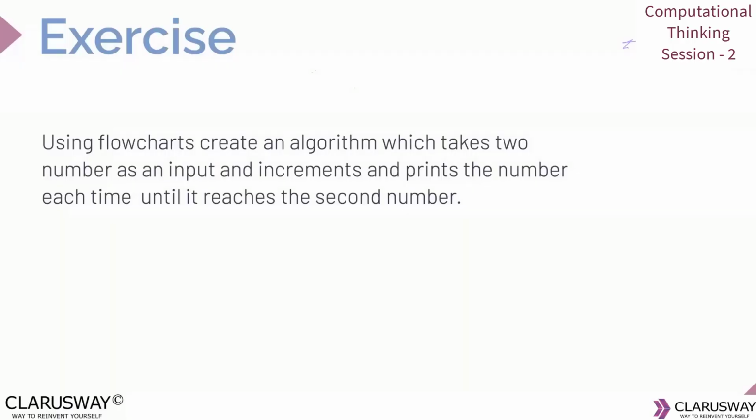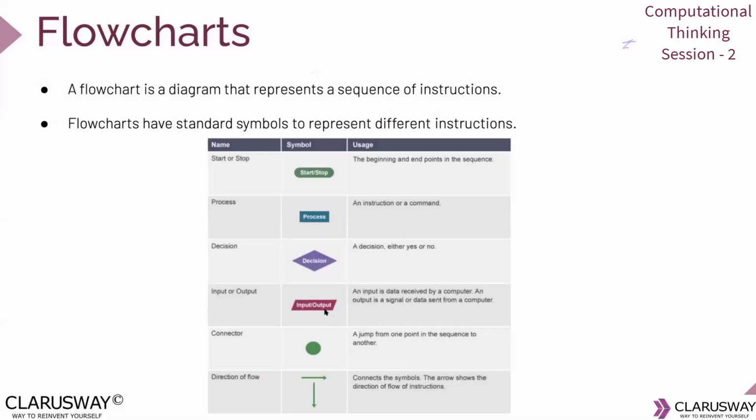Okay, let's now draw it. And each time we will also give an output. That's also important. After processing it, after incrementing it, just give an output of it. And then finally, when the decision is no, so when number 1 is not less than number 2, which means it is either greater than or equal to number 2, just stop the process.